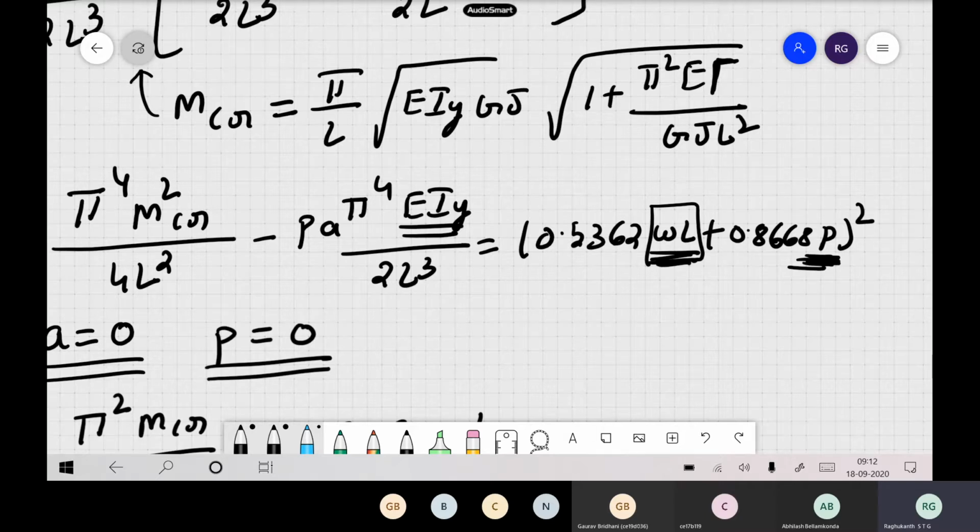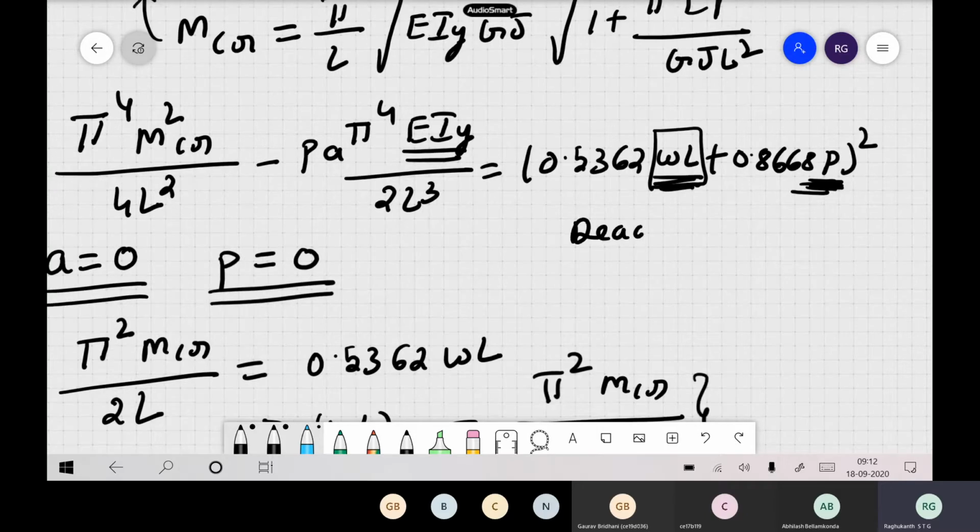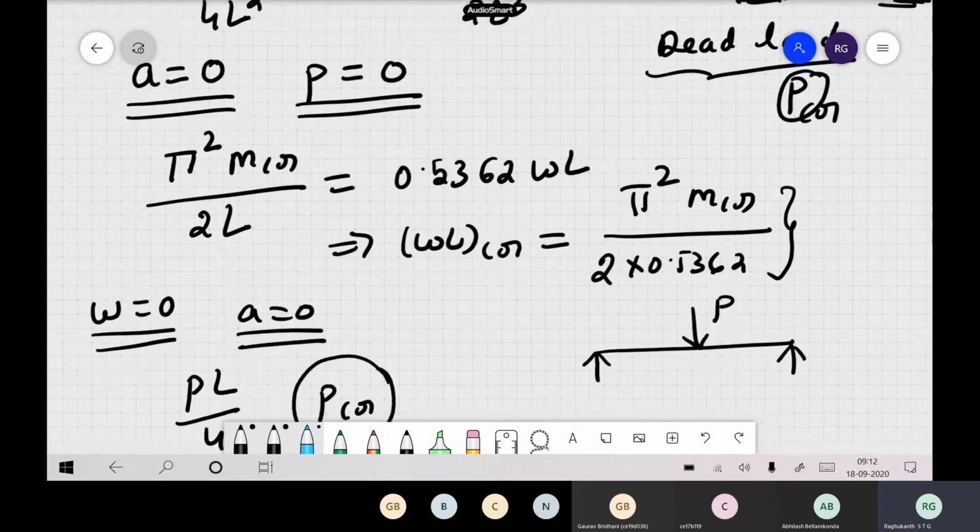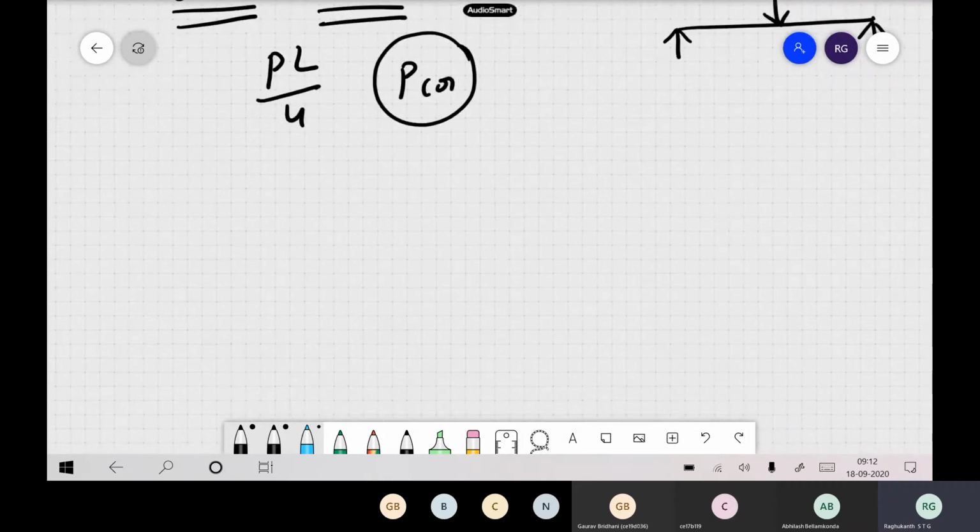Okay. So this WL, anyway, it will be given to you in many problems, because the dead load will be known beforehand. So you substitute the dead load, and then you can calculate your P itself, the critical buckling load, how much extra load this beam is going to carry before it is going to buckle itself. Okay. So like this, there are several problems.